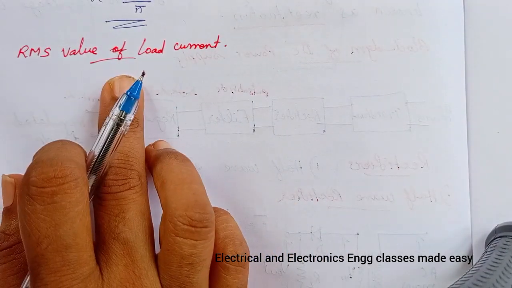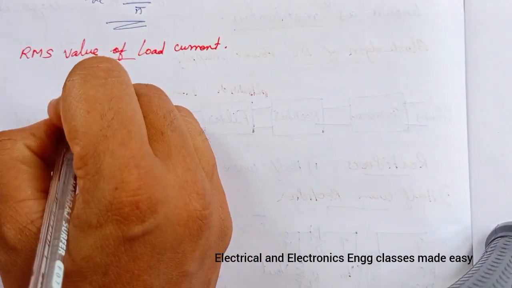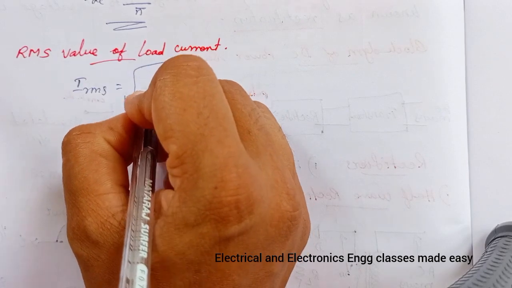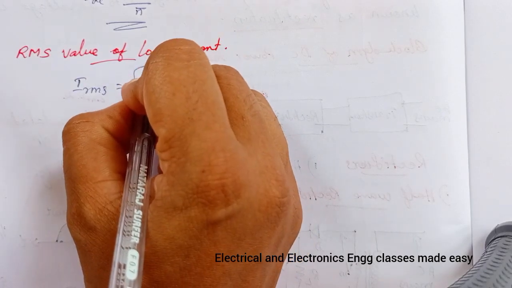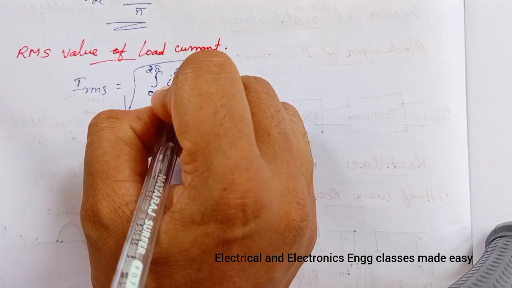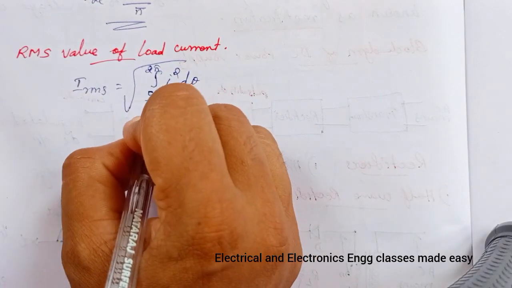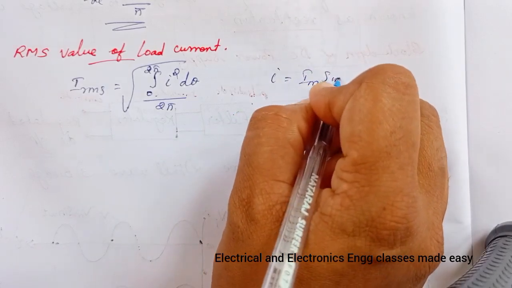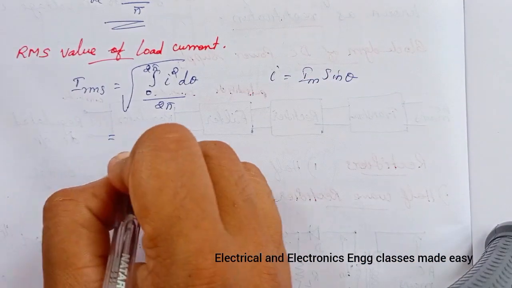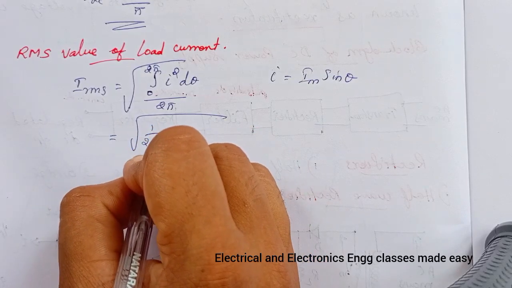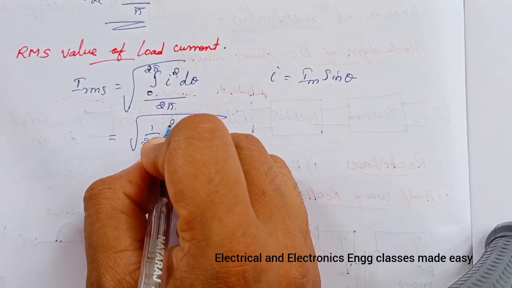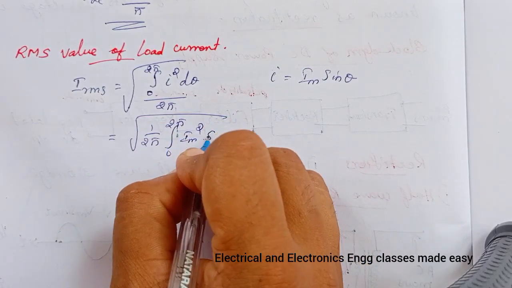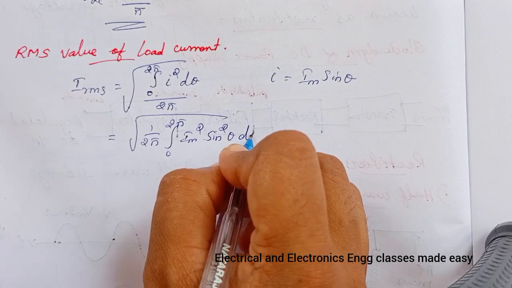Next is RMS value of load current. So IRMS we can write as square root of integral 0 to 2 pi I square d theta divided by 2 pi, where I is equal to Im sin theta. That is equal to square root of 1 by 2 pi integral 0 to 2 pi I square, which is Im square sin square theta d theta.